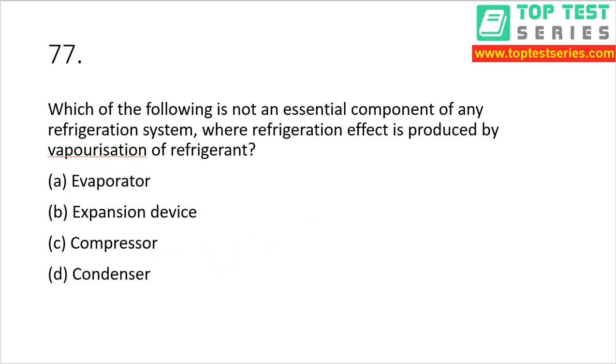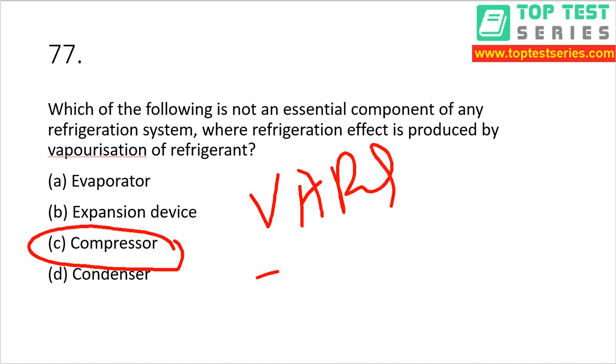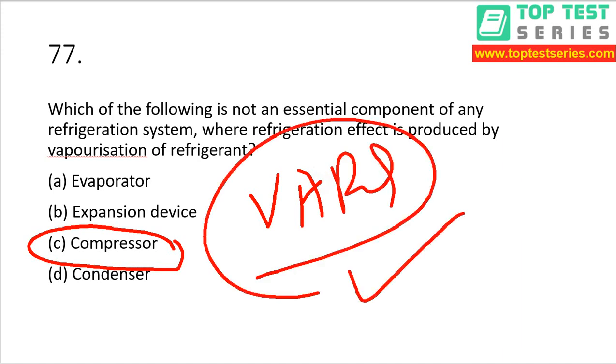77. Which of the following is not an essential component of any refrigeration system where refrigeration effect is produced by evaporation of refrigerant? Very, very important, my dear. That is the compressor. Because in case of VARS, vapor absorption refrigeration system, we do not use a compressor because that is not essential for us.